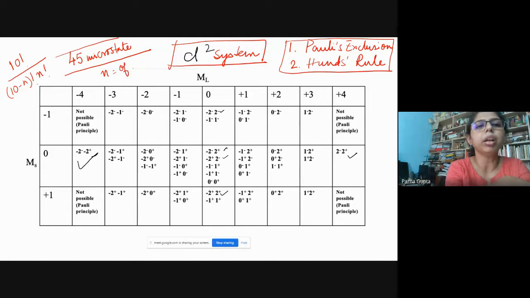So how it is coming, and what microstates go to where in the free ion.